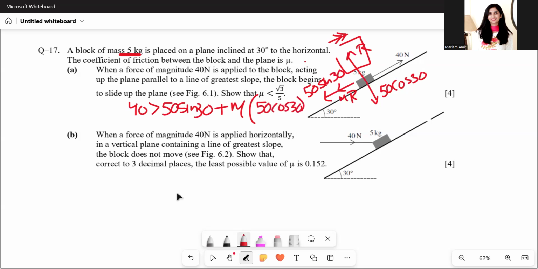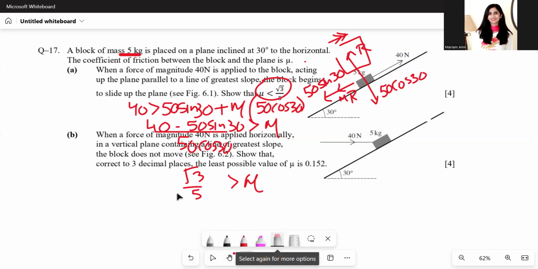Okay, now you move it around. 40 minus 50 sine 30 is greater than mu times 50 cos 30, and then you divide by 50 cos 30 here, which gives mu is less than root 3 over 5. So we get the required inequality.